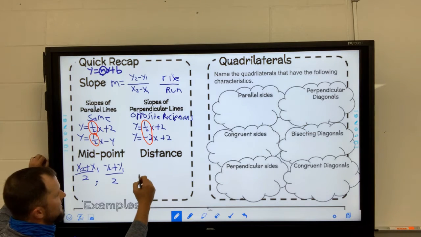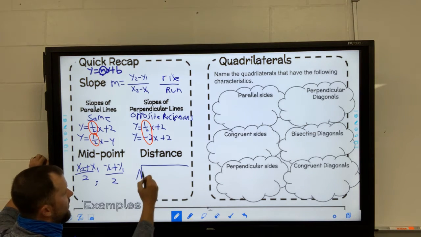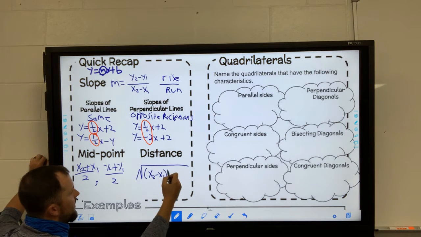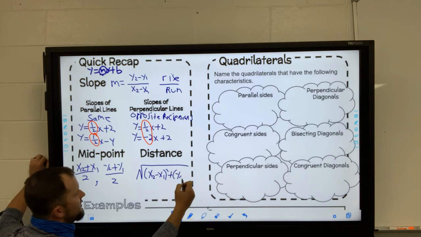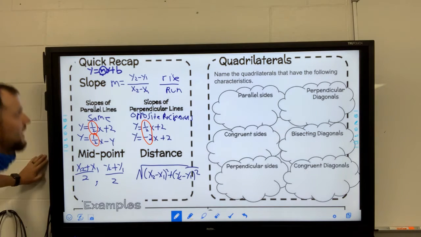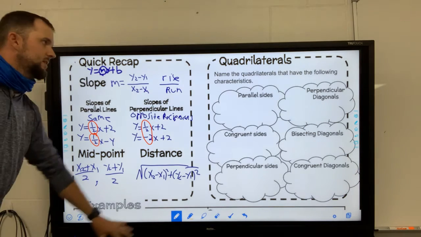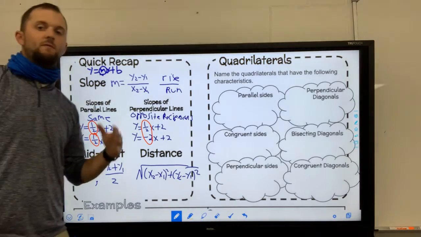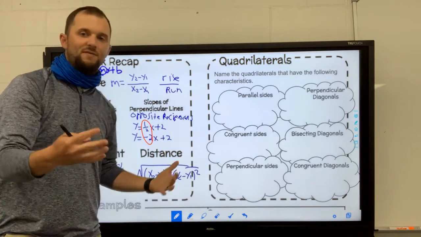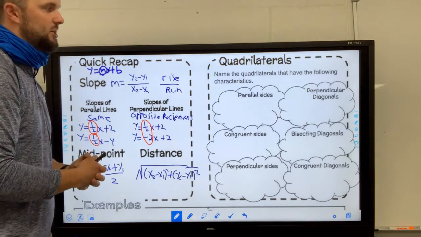And lastly, the distance formula is the square root of x2 minus x1 squared plus y2 minus y1 squared, and that gives you the distance of the line. We're going to use all of this to figure out various things about different quadrilaterals to recognize exactly what the shape is.